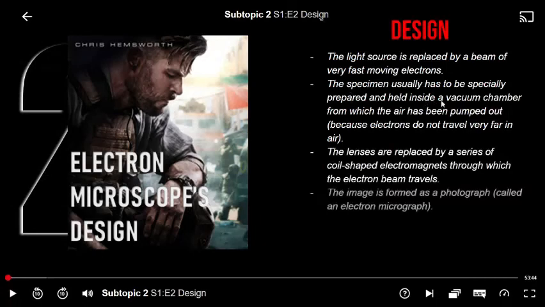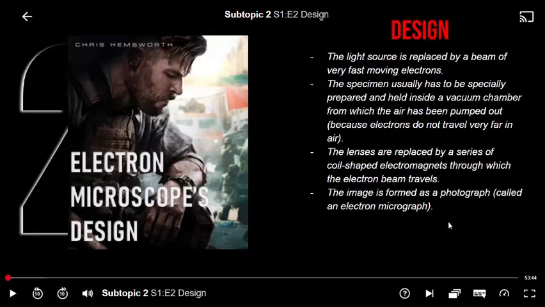The specimen is usually placed inside a vacuum chamber because electrons can only travel far in a vacuum, and slowly in air. Therefore, the air is pumped out from the vacuum chamber. The lenses are replaced by a series of coil-shaped electromagnets through which the electron beams travel.